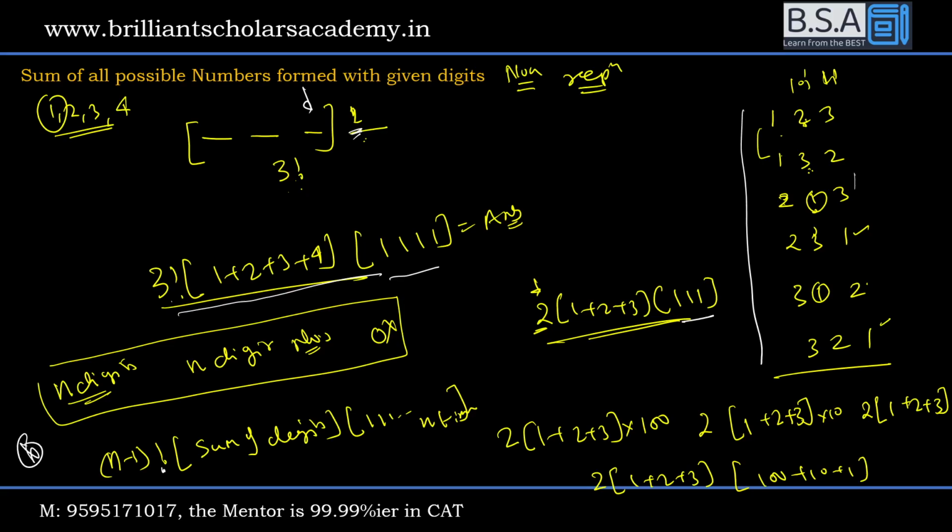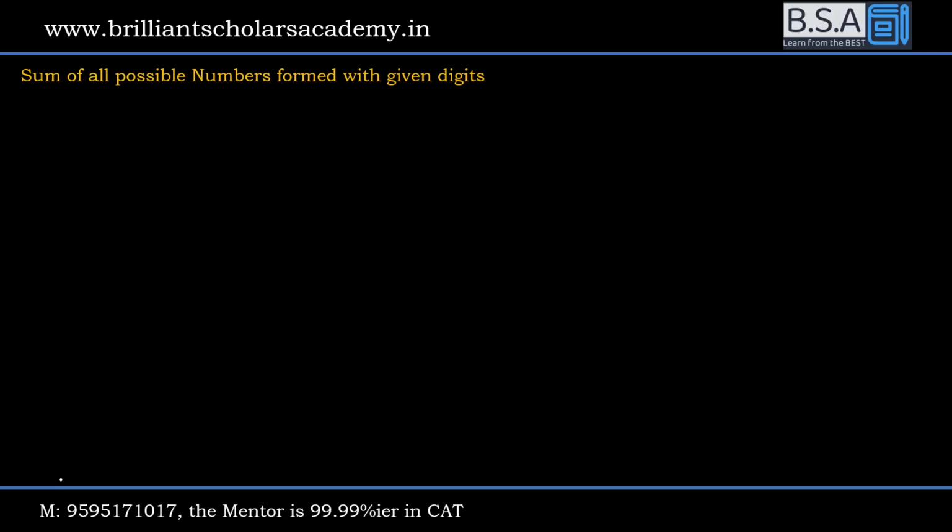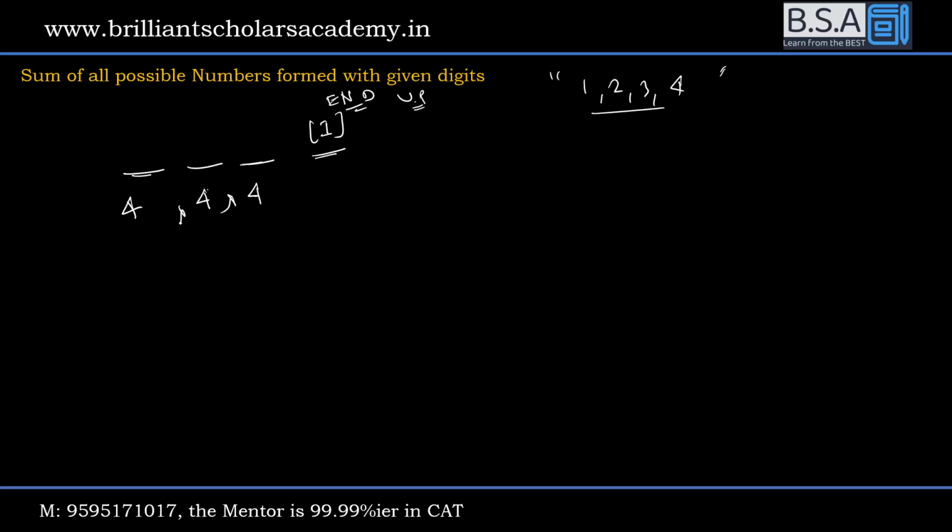चलो अब इसमें एक ट्विस्ट देखो, what if repetition was allowed. Let me directly go for the approach. 1 2 3 4. This is a 4-digit number, repetition allowed. If I fix 1 here, 1 is in the ending place or units place. If I fix 1, this position can be occupied by any 4. This position can be occupied by any 4, any 4.